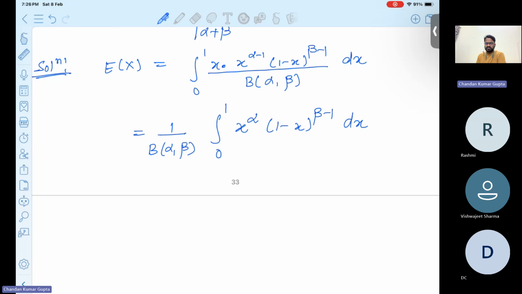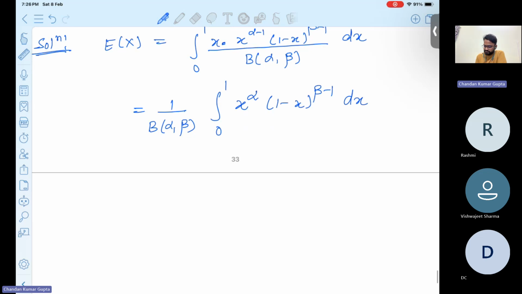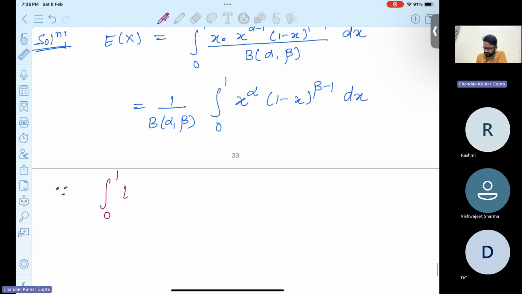Also, in mathematics, you people mostly know about the form of beta function. Since the integral over 0 to 1 of t to the power alpha minus 1 and 1 minus t to the power beta minus 1 dt comes out to be beta function of alpha beta.